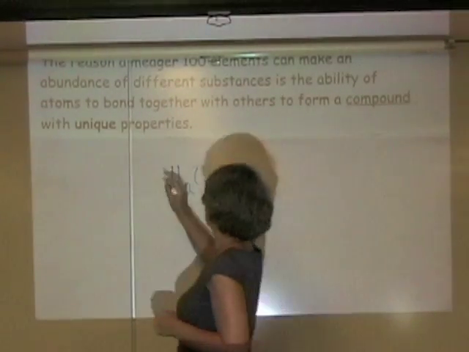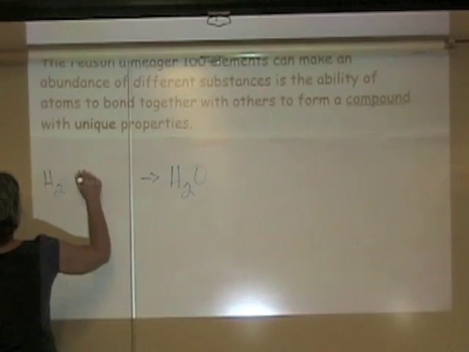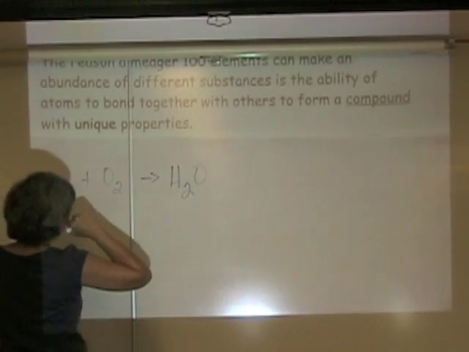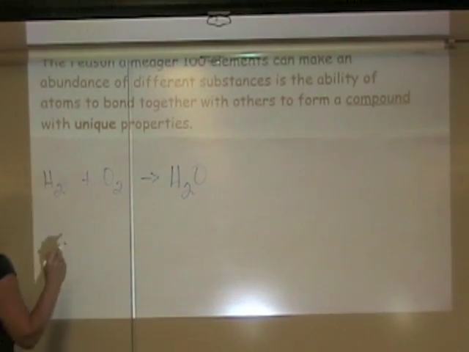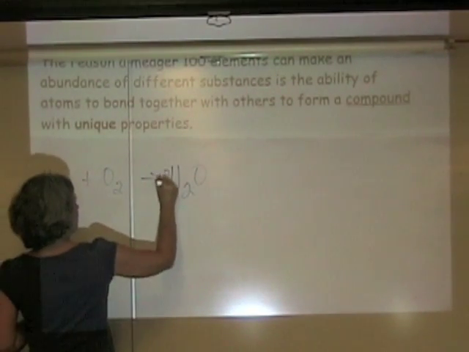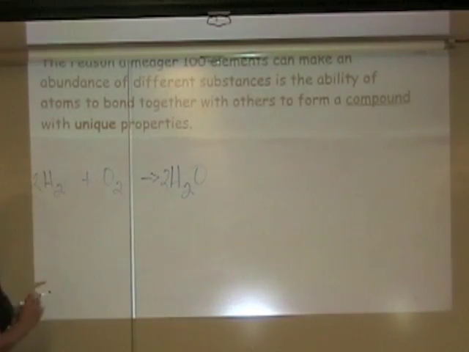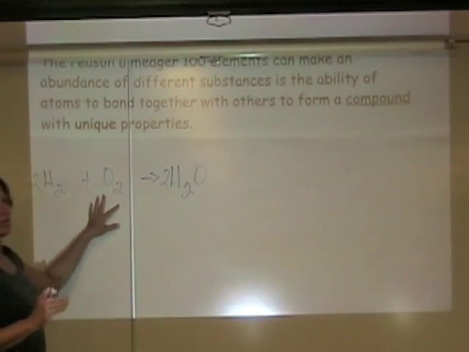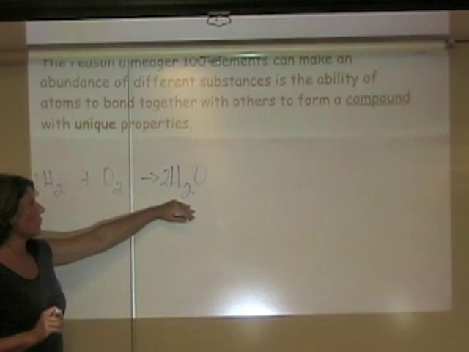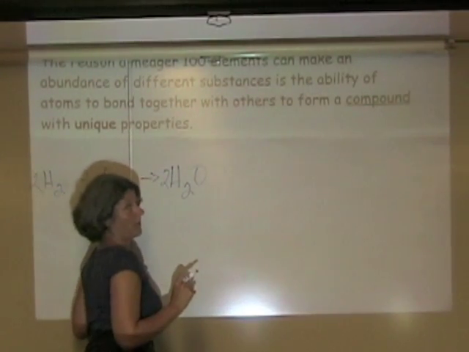Well, water is made from hydrogen gas and oxygen gas. And let's balance this so that we don't have any problems here. We're going to need a 2, and we're going to need a 2. Okay, so hydrogen and oxygen can combine together to form water. Okay, water is a compound.